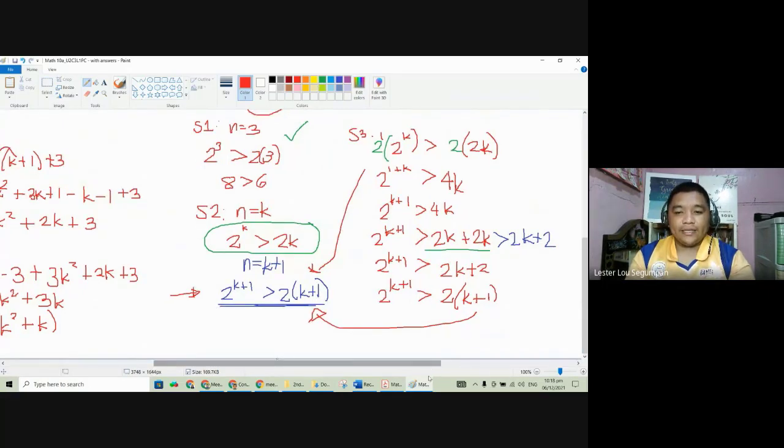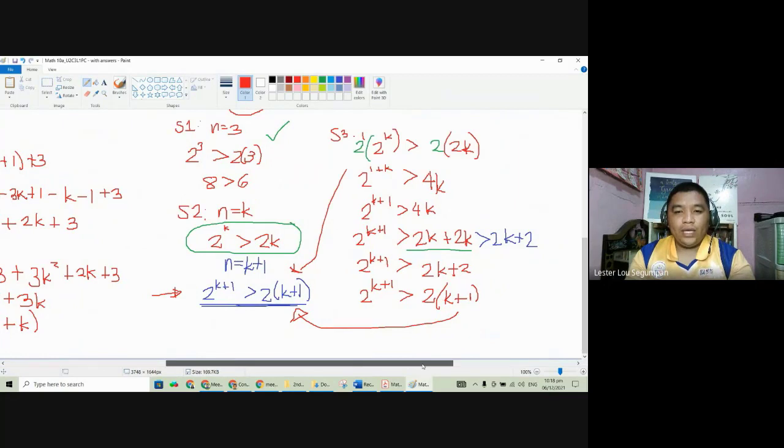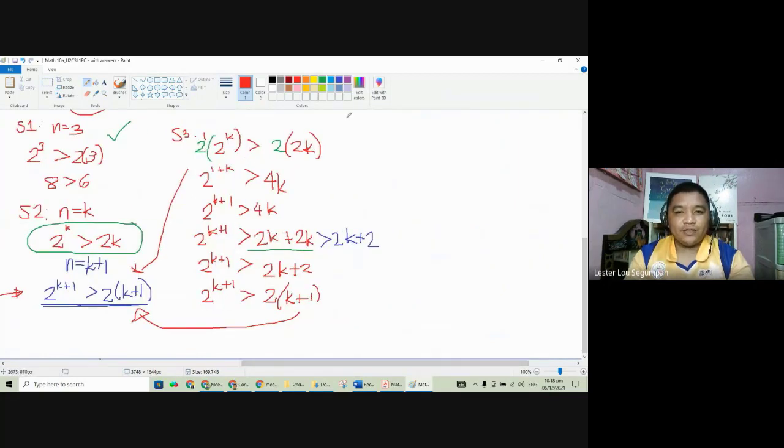The other alternative here is, instead of multiplying both sides by 2, we can add 2 to both sides. So you have here 2 to the, let me use another color. We have 2 to the power of k plus 2 is still greater than 2k plus 2.